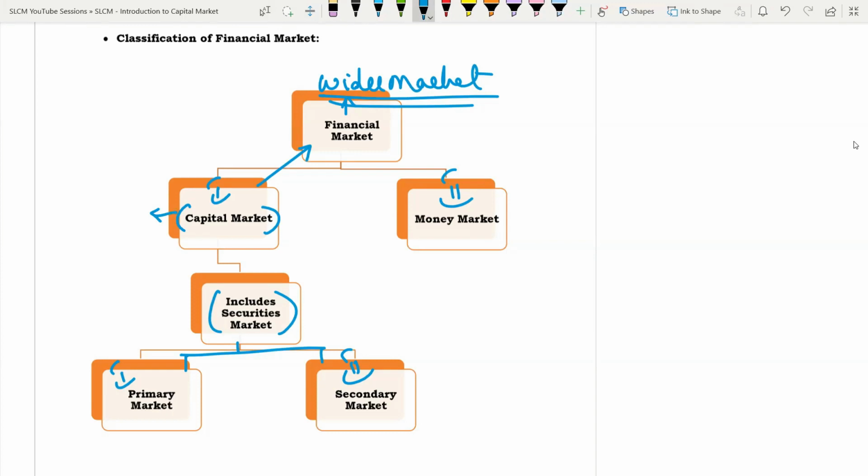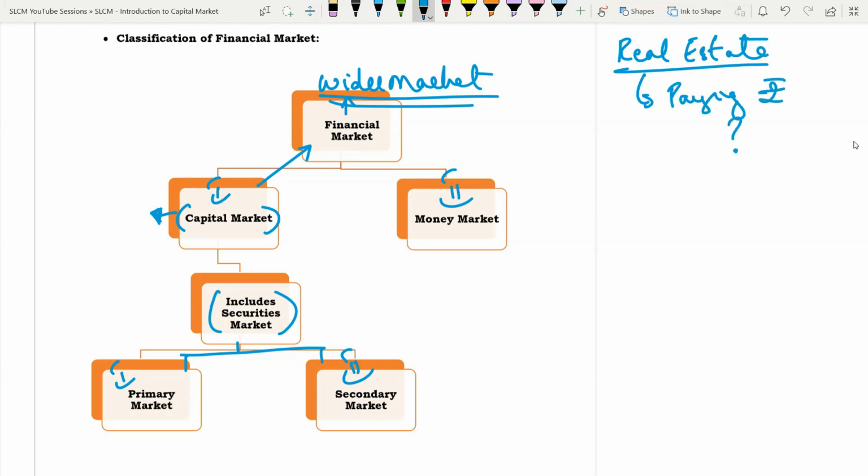Now, if we just talk about capital at large, without considering it to be an aspect of the financial market, capital includes a lot of things like land, buildings, properties, right? All this is also a form of capital. But those markets do not come under the purview of the financial market, because when you're investing in real estate, that is, any kind of land, building, etc., you are paying money.